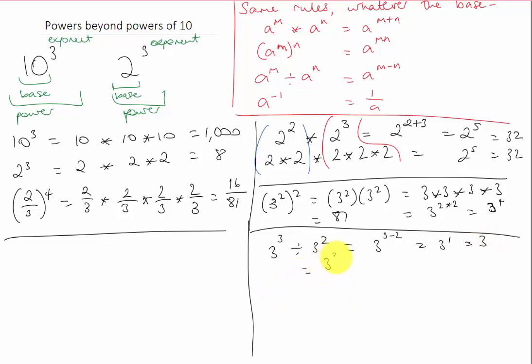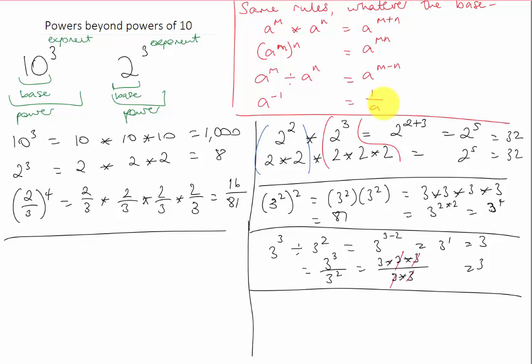So that's 3 to the power 3 over 3 to the power 2. 3 times 3 times 3 over 3 times 3. Then we can cancel these out, which leaves us with 3. And finally, a to the minus 1 is the same as saying 1 over a. I don't think I have to talk about that too much.